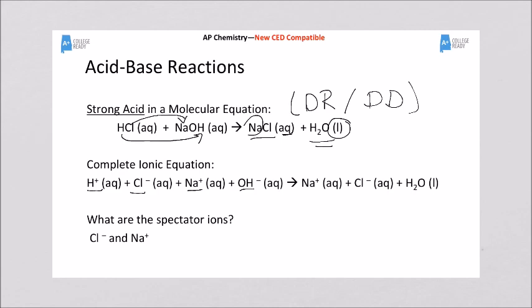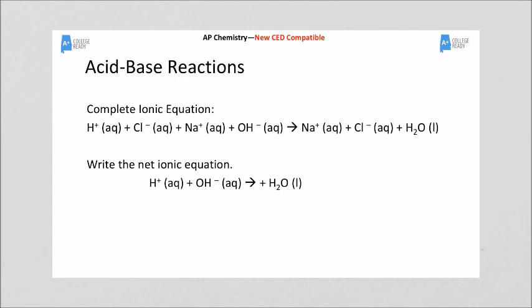But what are our spectator ions? I'm looking for things that are exactly the same on both sides of the reaction. So I see the sodium is exactly the same, the chloride. Notice I can cross those out, and that's how I got that answer. So what is left? That would be my net ionic equation. Our net ionic equation, once we remove the spectators, is just that H+ ion reacting with the hydroxide ion. Now they both have AQ states, and they form water.